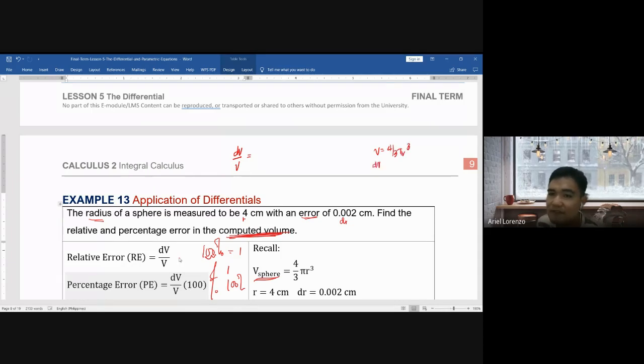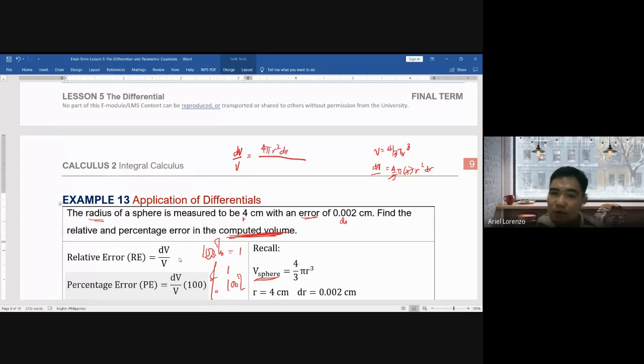Ang derivative ni V class is equal to 4/3 is a constant, pi is a constant, si r cubed na lang, di ba? So, baba, copy the base, minus 1, derivative ni base, which is dr. So, cancel si 3. Okay, so may natira na 4 pi r squared dr. Tama ba? Palit natin dito. dV is 4 pi r squared dr.